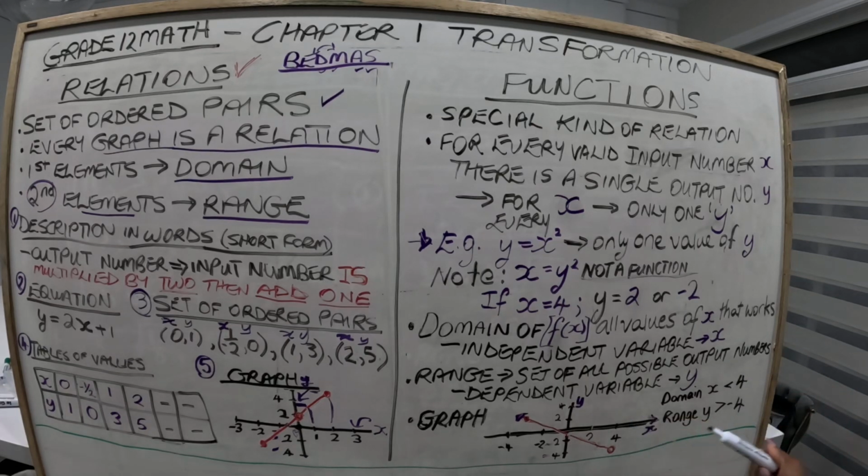It stops right here and it goes to the left. So they're actually having an inverted relationship. When x is increasing, y is decreasing. And when y is increasing, x is decreasing. Okay?